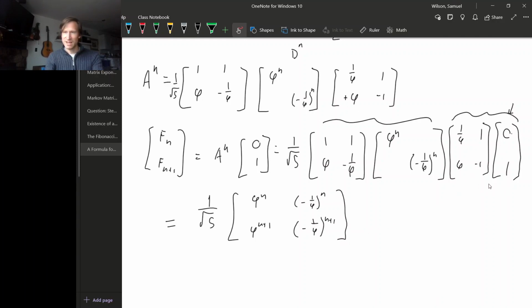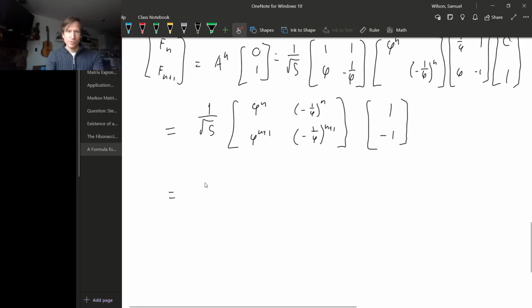Okay, and now for this second product, the matrix times the vector, that's going to give us a column vector, and this 0 knocks out the phis. We just get this 1 and minus 1. So we get f sub n and f sub n plus 1.